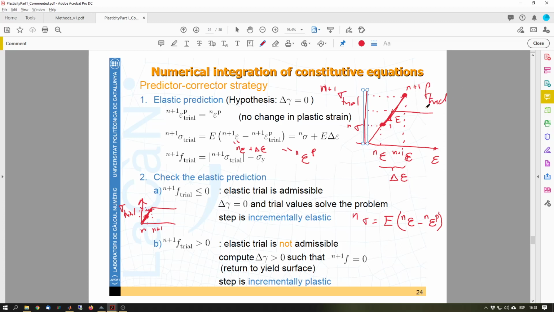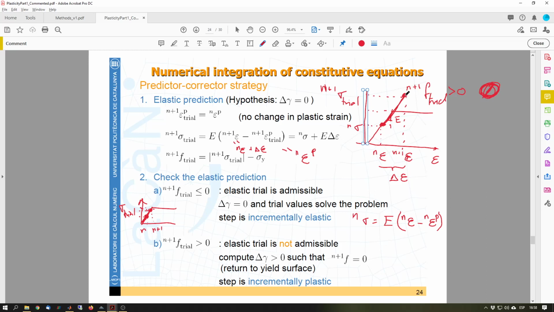But we still have room for adding something here. So this is larger than 0, like in this case, and this is forbidden. This should not be allowed. So we need to correct this value.